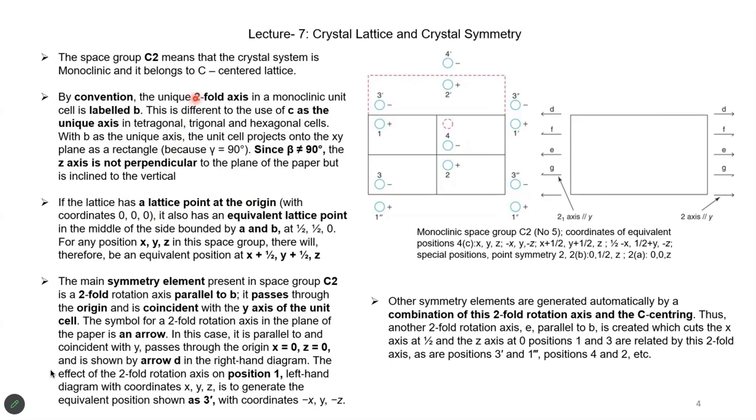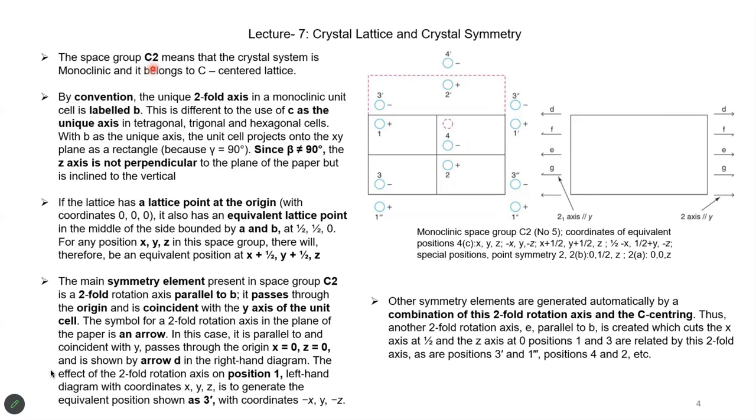We have now discussed the convention and how we use this space group. Once we have a space group notation, we immediately find out the point group.